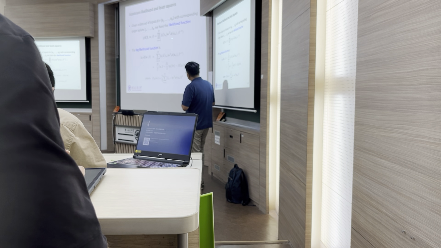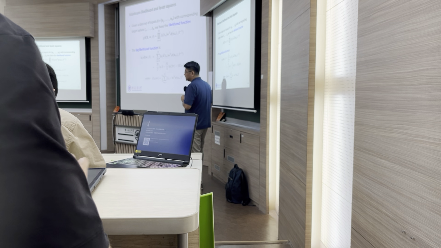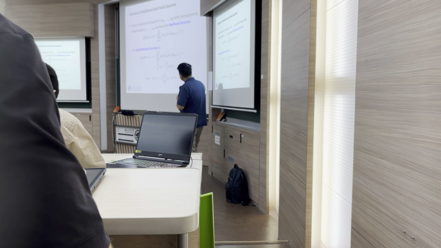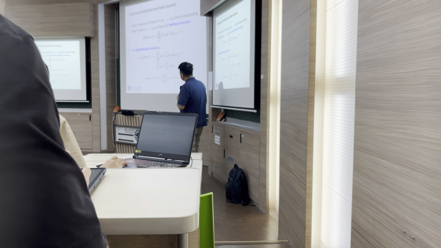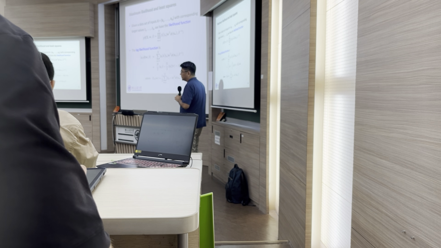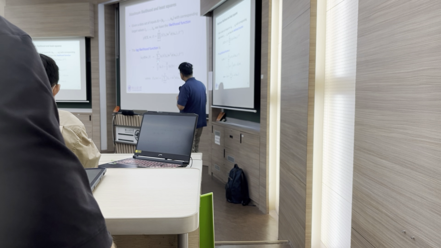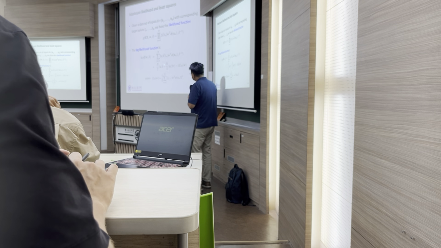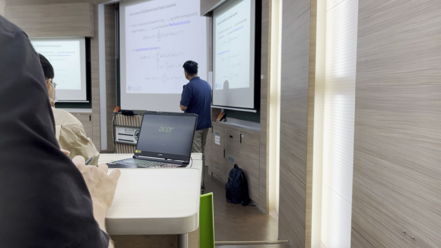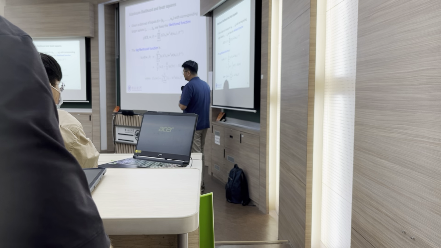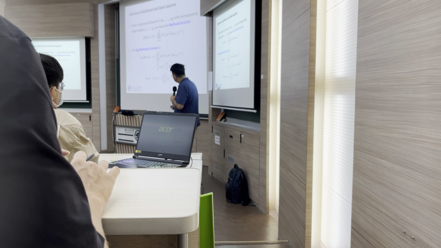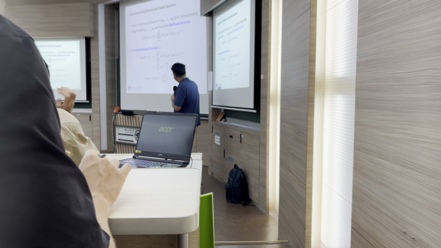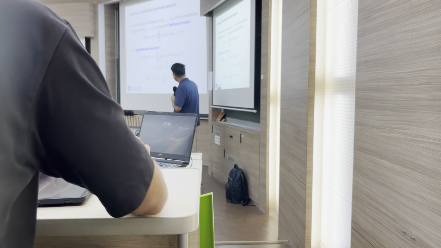If we apply the log operator on the right hand side, the product operator becomes the sum operator. This is the reason why we apply the log operator. So it is straightforward to have this equation.